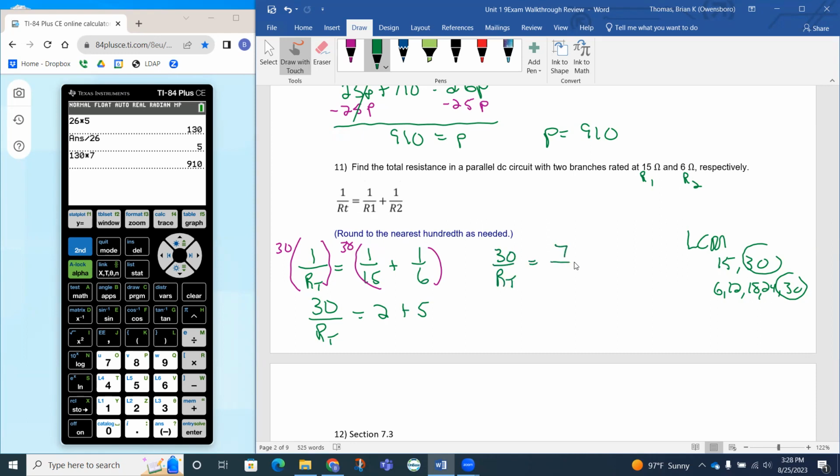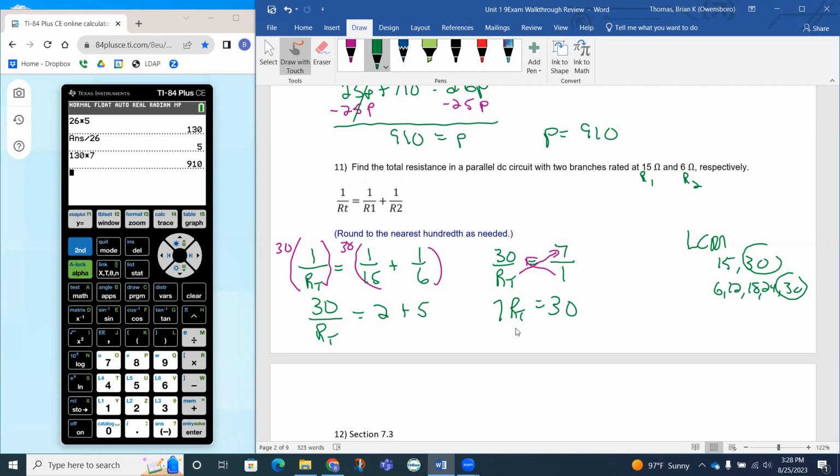So I can make this a fraction by putting that 7 over 1. If we have a fraction equal to a fraction, that's called a proportion. In proportion math, we are allowed to cross multiply. So what I have then is 7 RT, 7 times the total resistance, and 30 times 1 is 30.